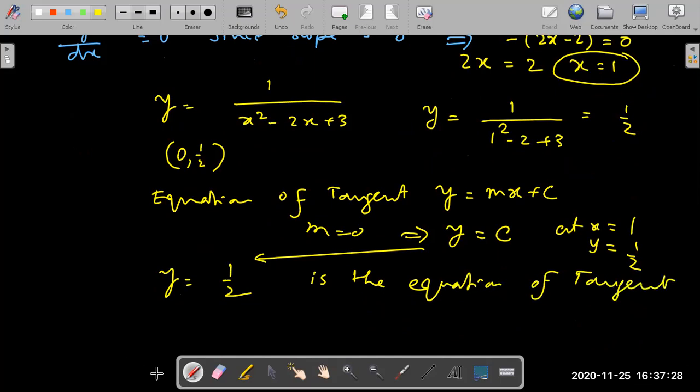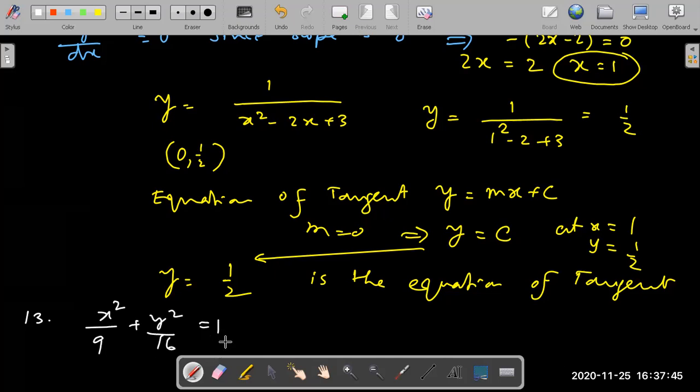So the next question is 13th question. Question number 13. Find the points on the curve, that means x squared by 9 plus y squared by 16 equal to 1.